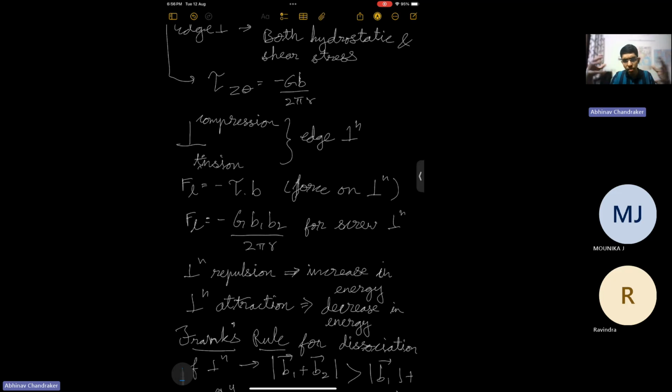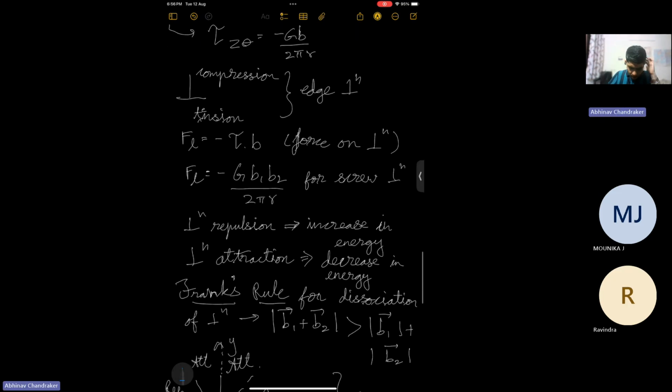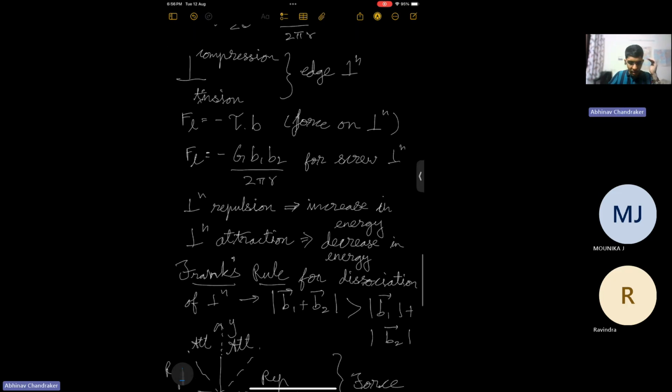So there will be a compressive stress inside. But below it, comparatively, you will have a tensile stress, since there you do not have the extra plane of atoms. So this is important to understand.